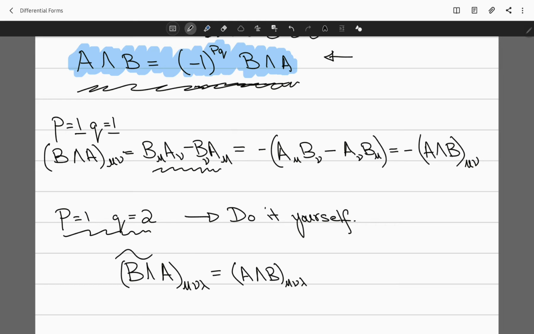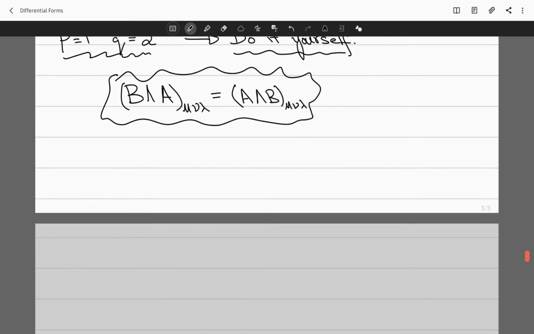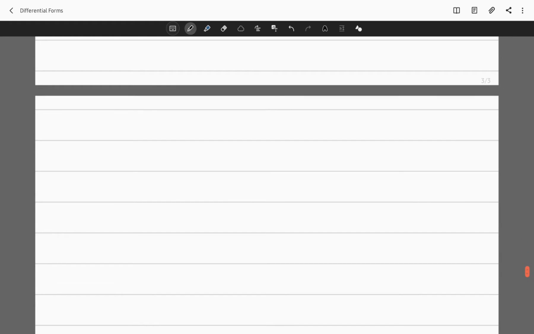This is what you would get if you were to compute this one for yourself. Now, we have talked a lot about wedge product, the product of these forms. Let's move on and talk about the derivatives of the forms, which is actually known as the exterior derivative.